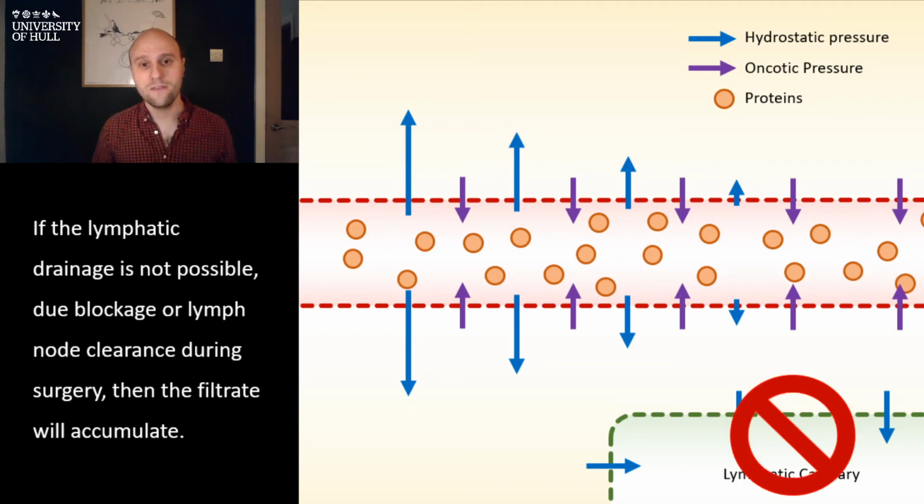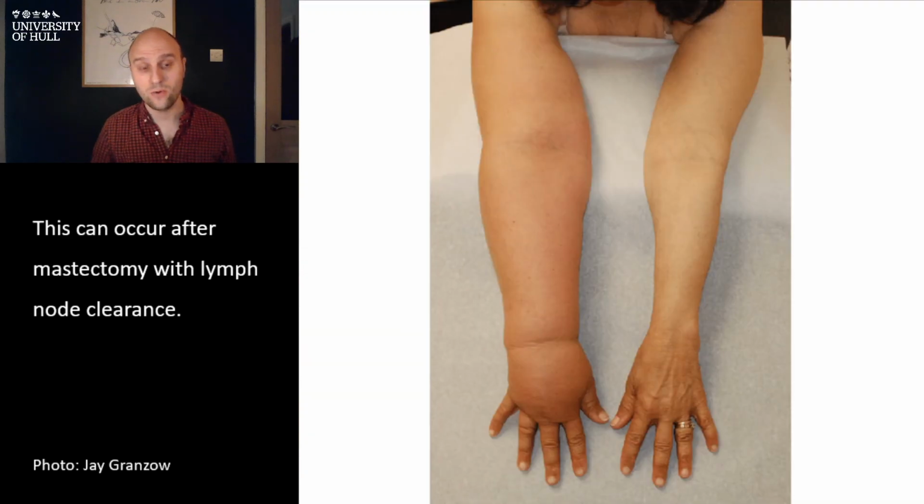However, if there's an injury or blockage to that lymphatic capillary network, or say you've had a load of lymph nodes cleared or taken away due to a surgical procedure, that lymphatic drainage is impaired, and you'll get an accumulation of fluid, as we can see in this photograph here of somebody with lymphedema.